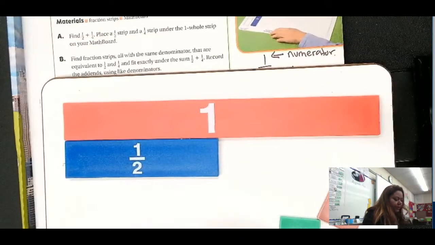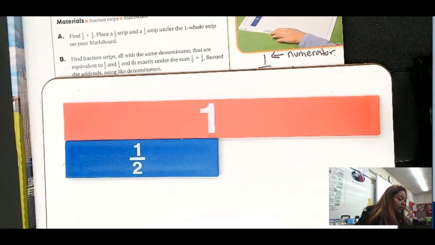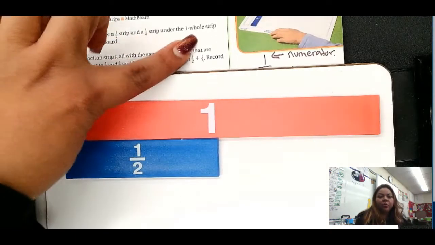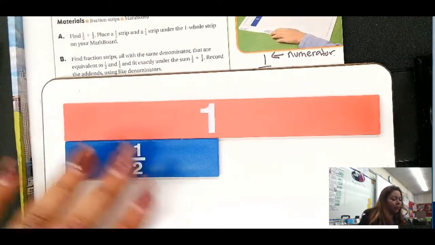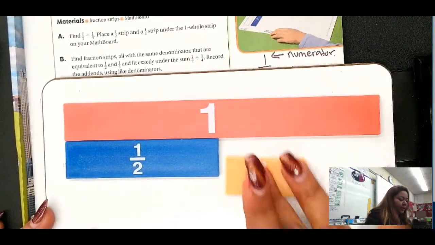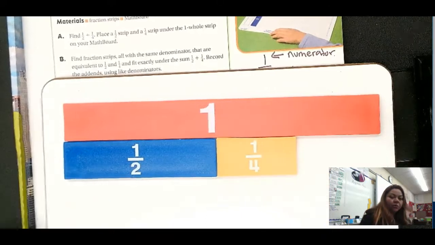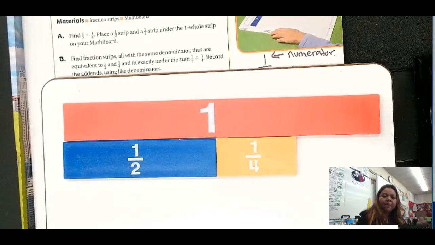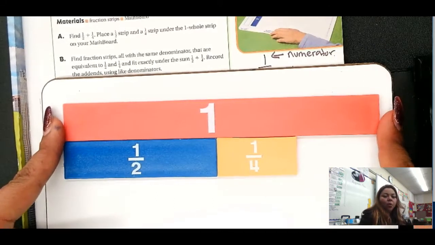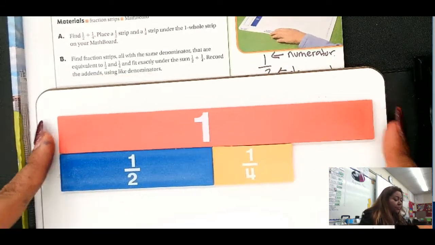Oh, I found it. And we're going to put the 1/2 strip and the 1/4 strip under the 1 whole strip on our math board. Well, you can use the whiteboards if you want, that's fine. So I'm going to put them here. The reason why I'm putting them under is so that we can compare it. How much is that out of a whole number?